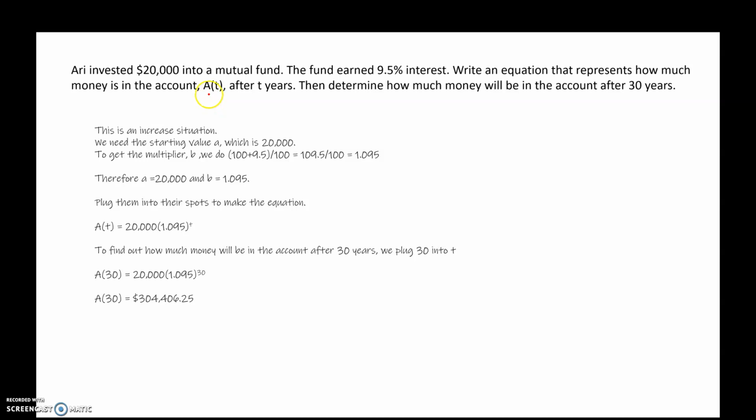This A(t) is function notation, and it's in the y position, and the t is in the x position. So remember, your equation normally looks like this. We're simply going to write it this way. We're putting A(t) function notation on the y spot and the t in the x spot.